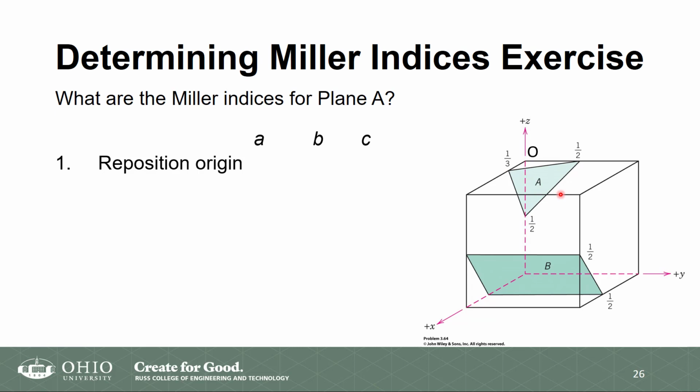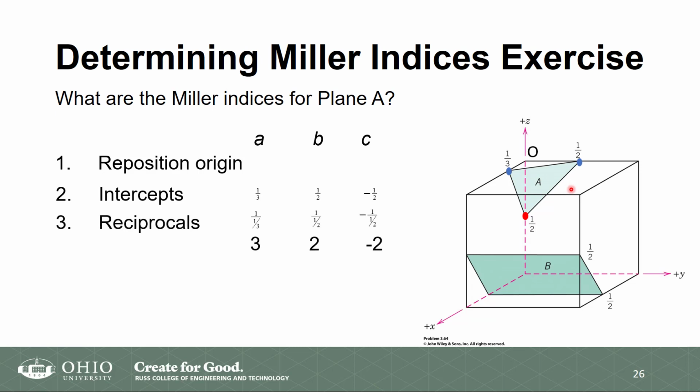Okay. All right, so we position our origin over here, and then we mark off our points relative to the origin. So we have this point, which is positive 1/3, we have this point, which is positive 1/2, and we have this point, which is negative 1/2. So our intercepts are 1/3, 1/2, and negative 1/2. The next step is to take the reciprocal, which gives us 3, 2, and negative 2.